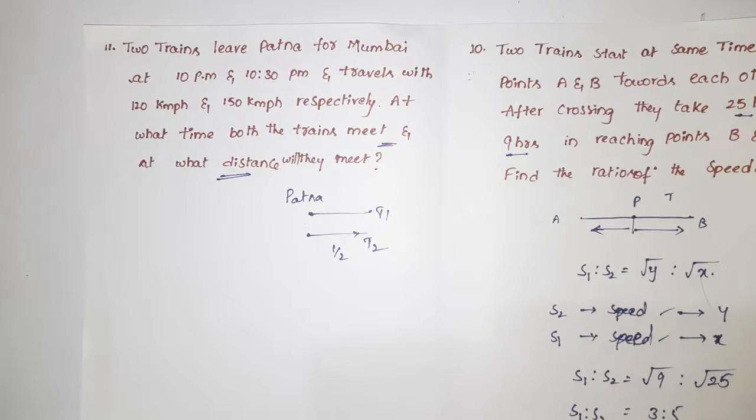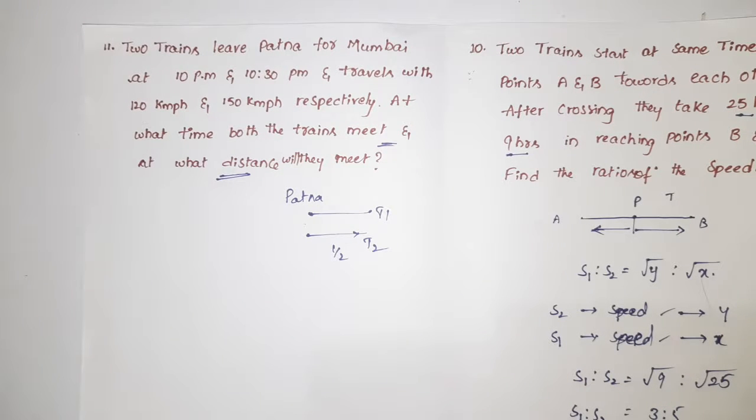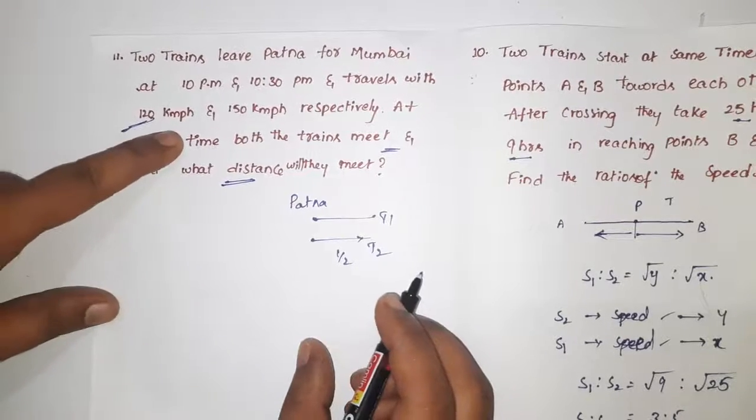So first of all, train 1 started at 10 pm and train 2 started at 10:30 pm. What is the time gap? The time gap is half an hour. In that half an hour, train 1 will complete a 60 kilometer journey, since the speed of train 1 is 120 km per hour.